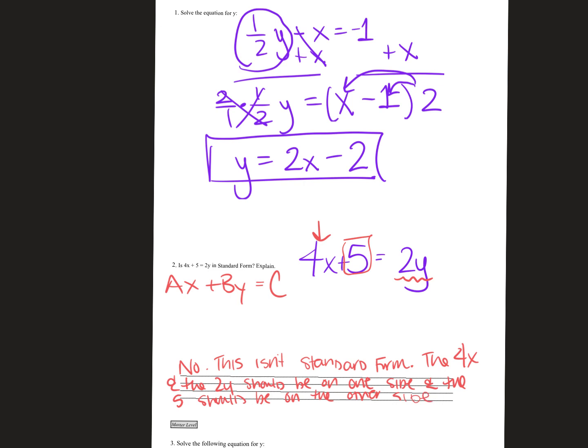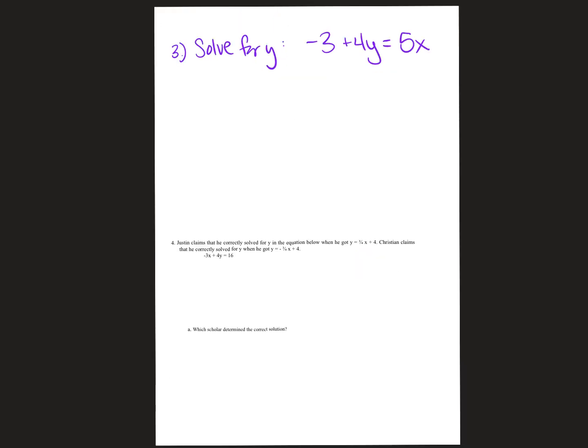So the standard form for this would be 4x minus 2y equals -5 if you were to put everything in the right place.